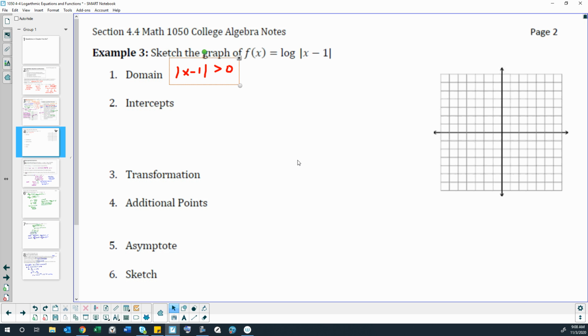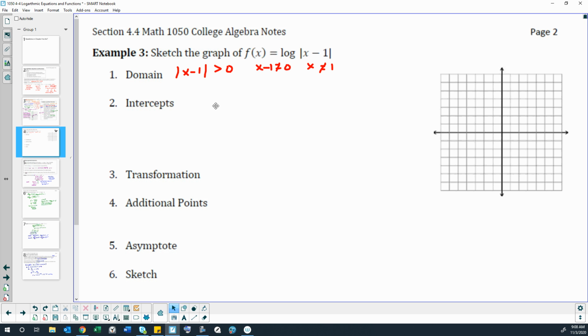So the only thing we need to worry about is a value that makes this equal 0. That would be a positive 1, correct? So that means x minus 1 cannot equal 0, and therefore x cannot equal 1. So that is our domain, and that will also determine our asymptote, where the graph cannot exist.